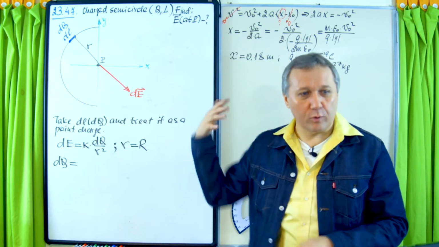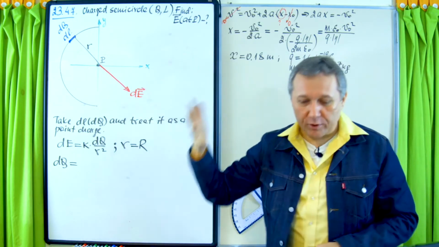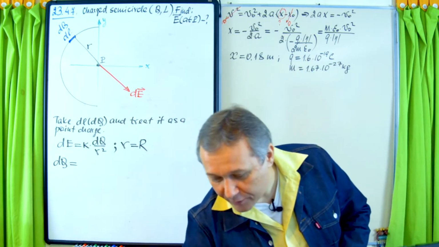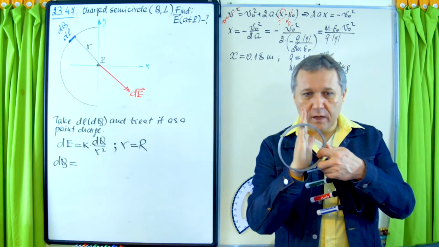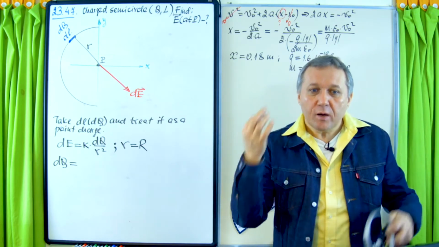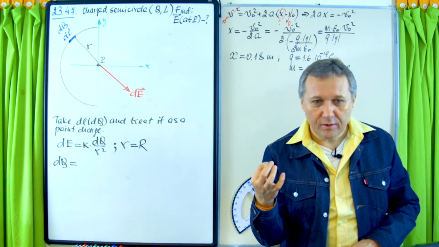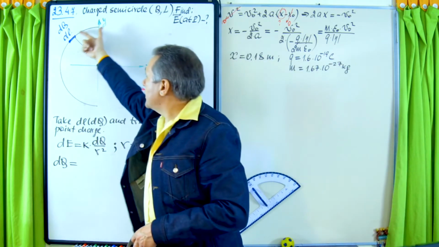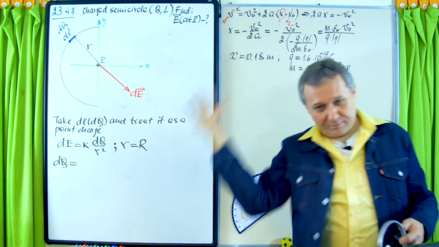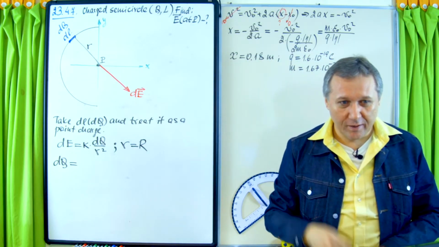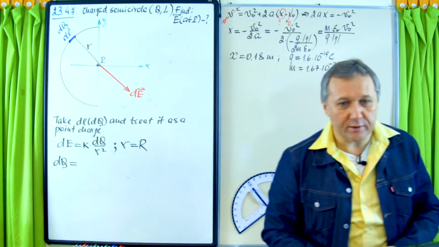Again, look, the object, physically, is basically two-dimensional, right? Half a circle, it's a two-dimensional object. But distribution of charge is still one-dimensional. Charges are distributed over basically this line, right? Okay, not a straight line, but a semicircle.